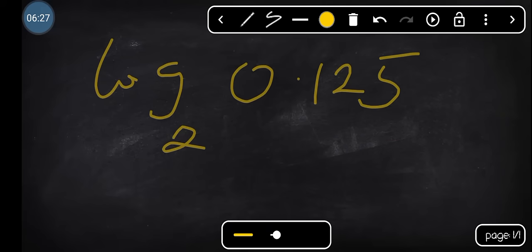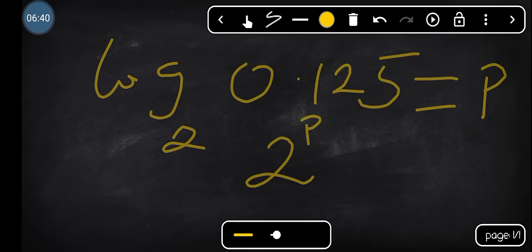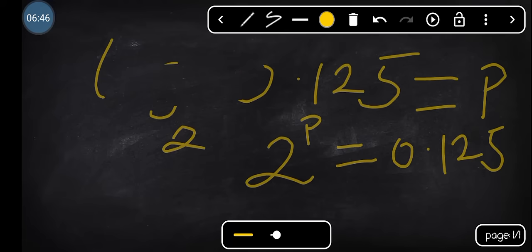How are we going to evaluate this? Let's equate it to a certain number, say p. Therefore, 2 raised to power p equals 0.125. So let's solve that.